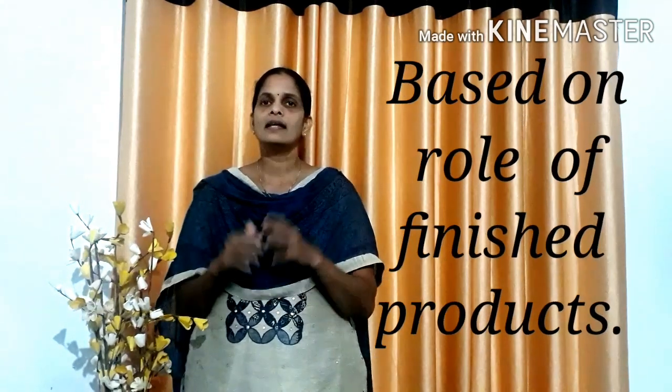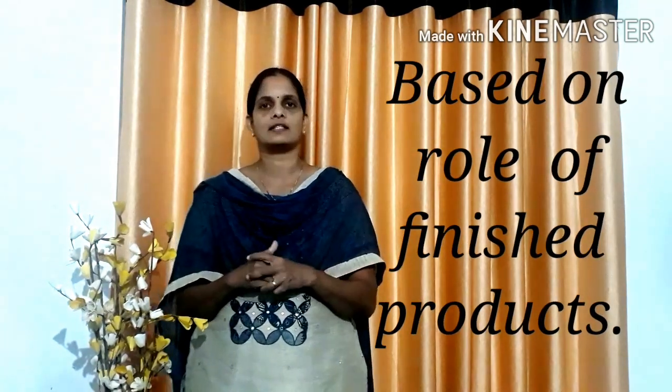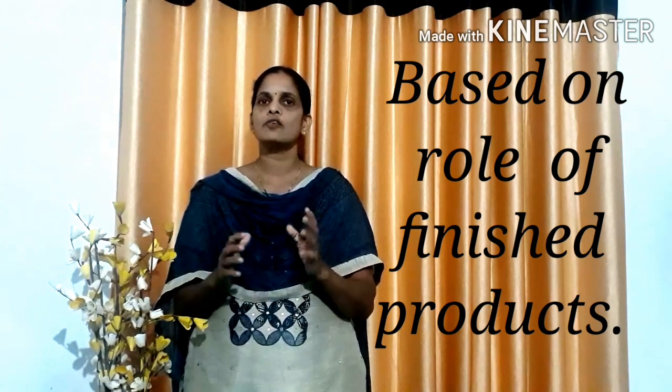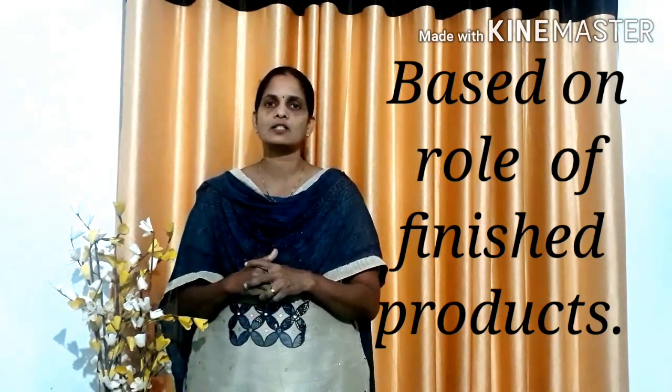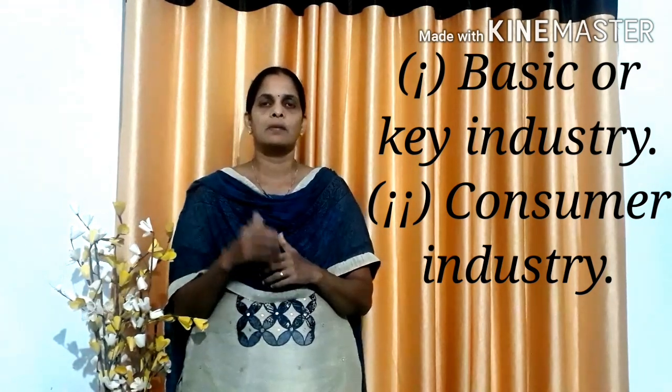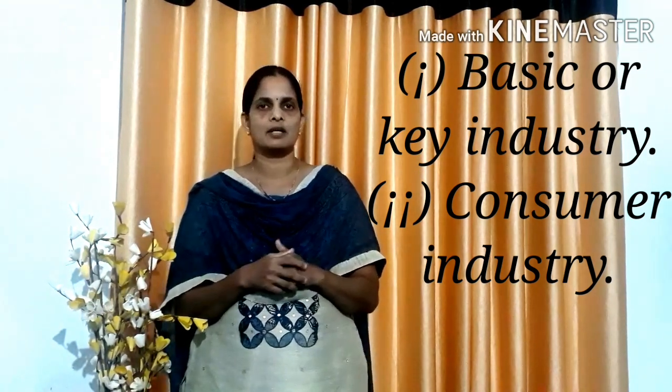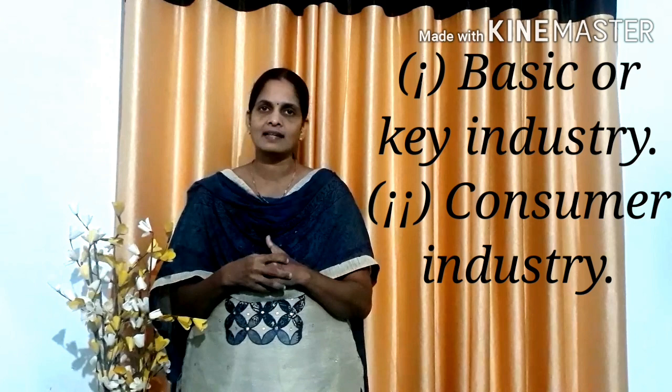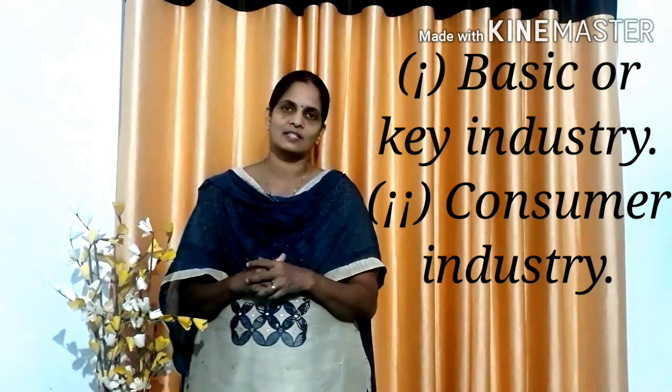The second one is, industries are also classified into two based on the nature of finished products. That means on the basis of the use of the finished products or end products, industries are classified into two types. The first one is basic or key industry, and the second is consumer industry.